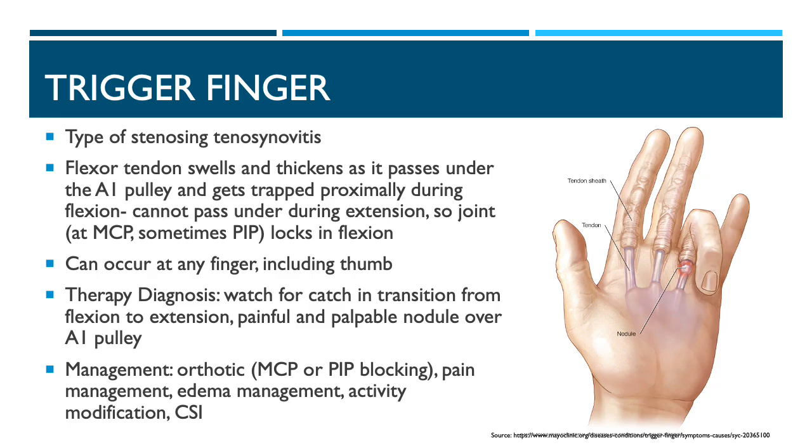If it's not, then they would do a small surgery where they release the A1 pulley. So this is kind of similar to our carpal tunnel release or our de Quervain's release. They're going in, making a very small incision to open up a ligament or a fibrous band of a tendon sheath to allow the tendon to move more. So these tend to heal really well.